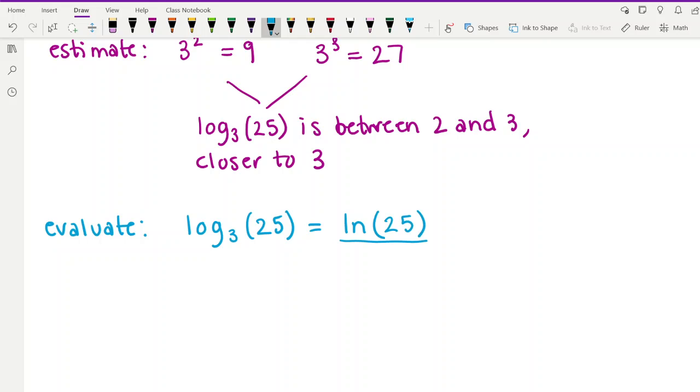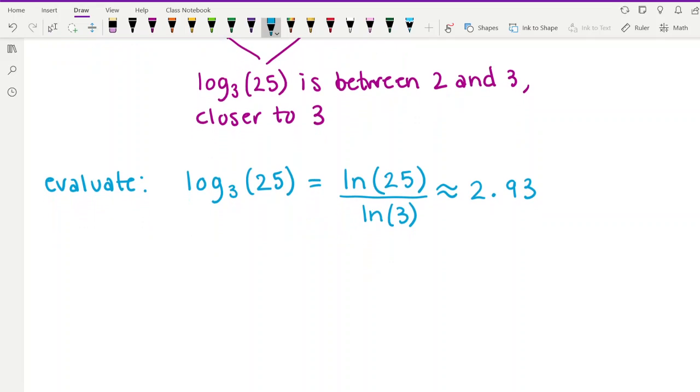And then in the denominator, you're taking that same logarithm of your original base. So that's going to be ln of 3. And so if you type this into a calculator, you'll find that ln of 25 over ln of 3 is approximately equal to 2.93.